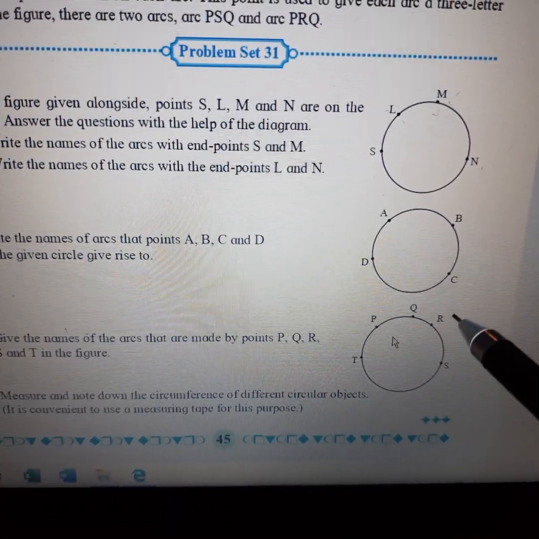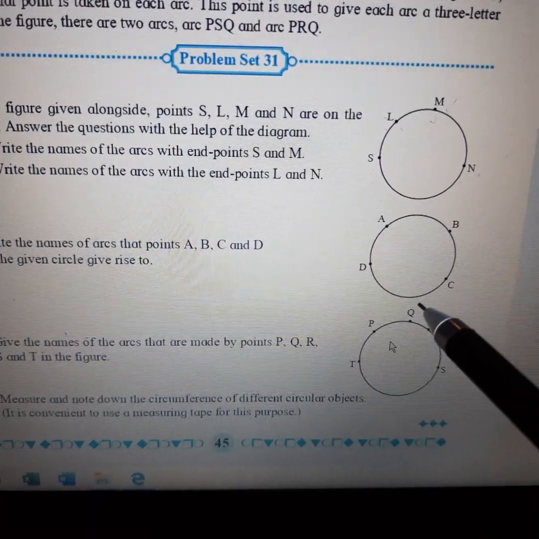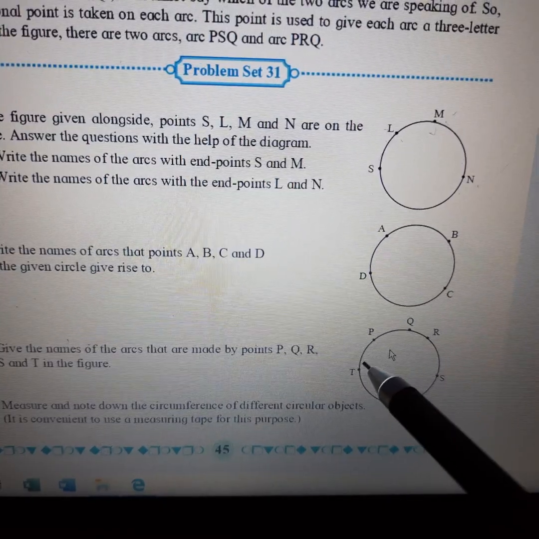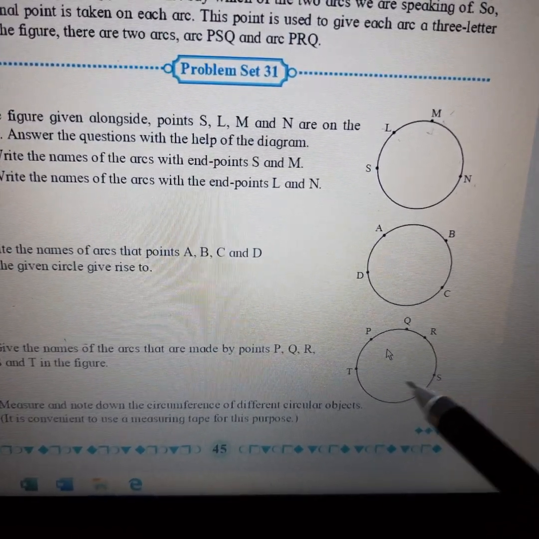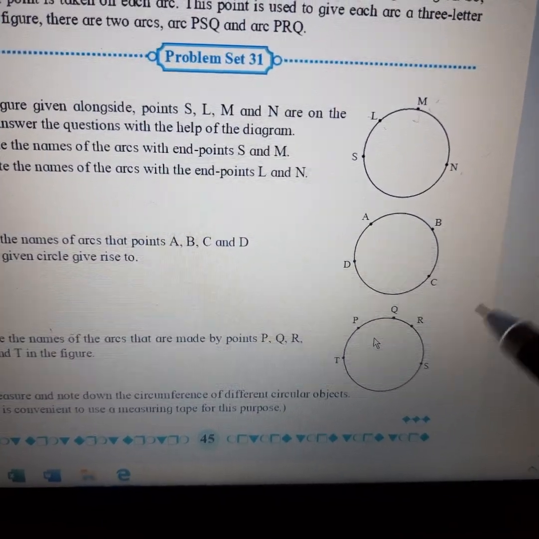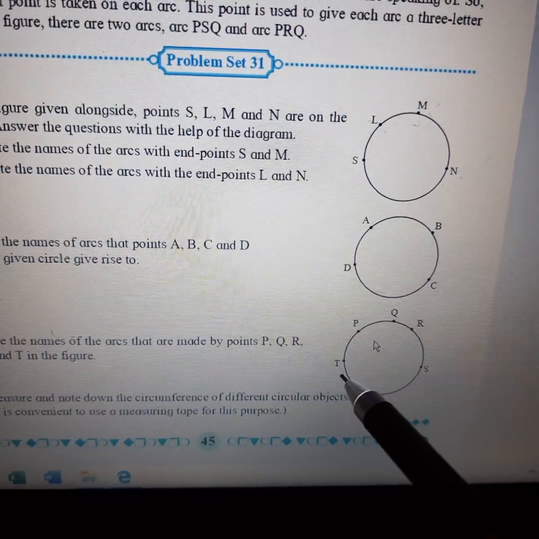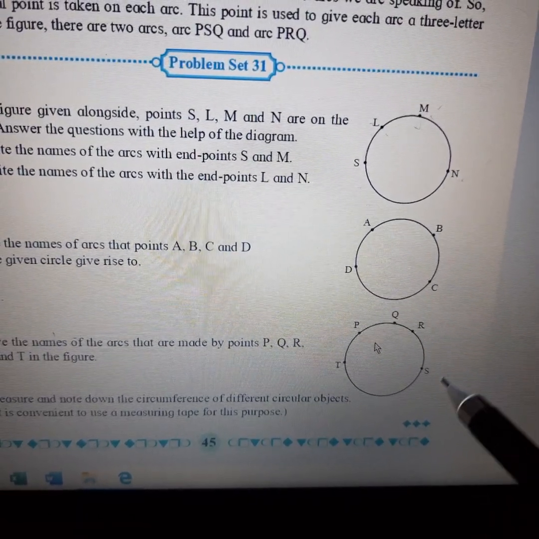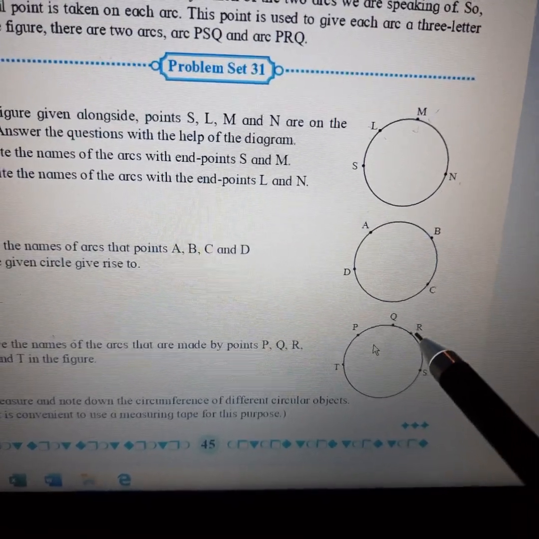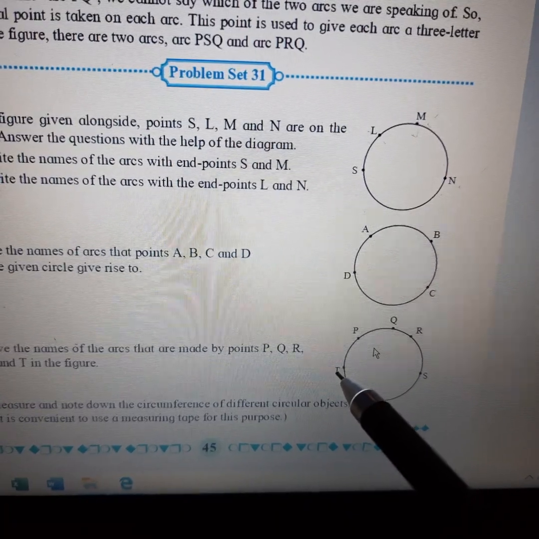Then if I consider Q and T as the endpoints, I will have arc QPT and arc QST or arc QRT. Hope it's clear. If I take the endpoints as R and T, then I have arc RST and arc RQT, or arc RST and arc RPT.